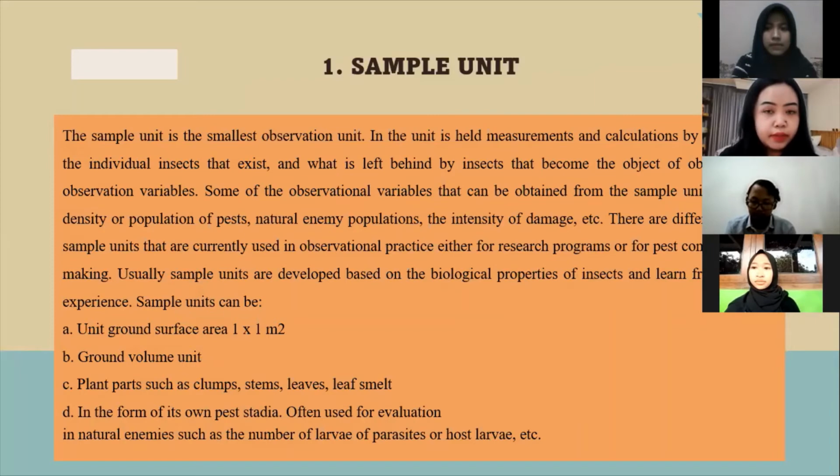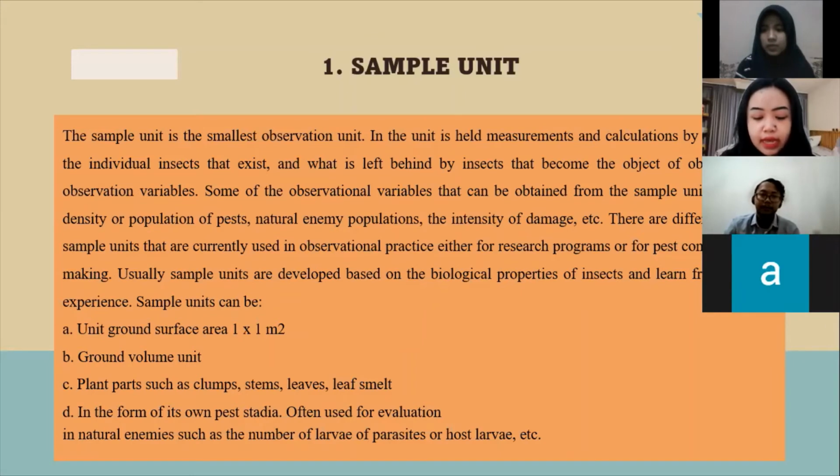First is sample unit. The sample unit is the smallest observation unit. In the unit is held measurement and calculation by observers of the individual insect that exists, and what is left behind by insect that become the object of observation or observation variables.